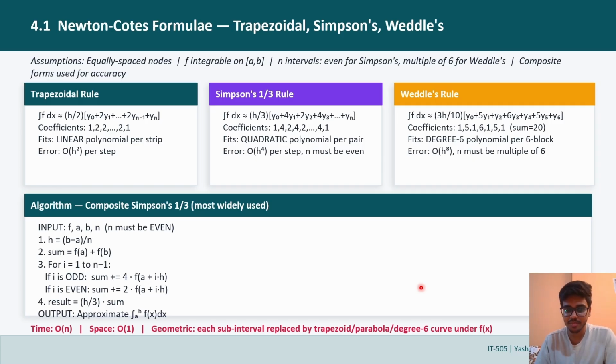The area under the simpler shape is easy to compute exactly. The time complexity is O of n for all three. Space complexity is O of 1. As the error order increases from h squared to h to the 4 to h to the 8, each method needs fewer intervals to achieve the same accuracy.